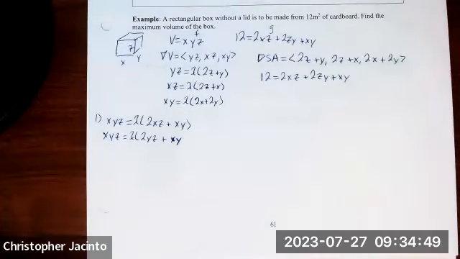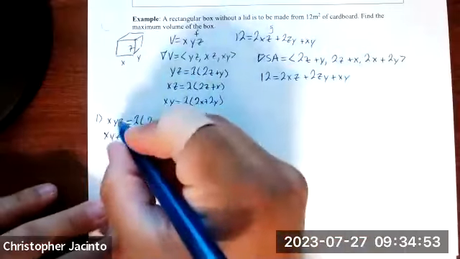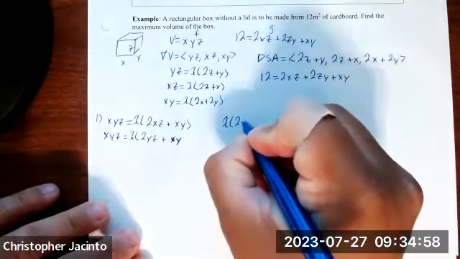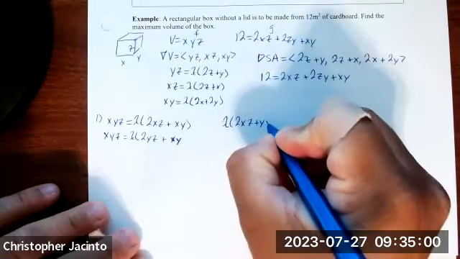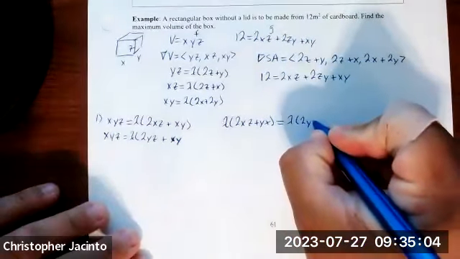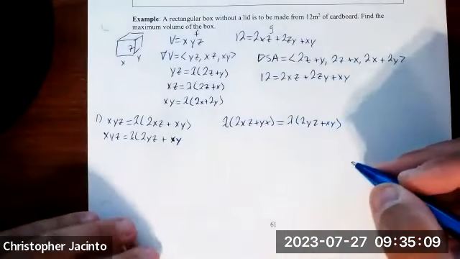So now if I set these equal to each other, they equal the same thing. I divide out the lambdas, so those go away.